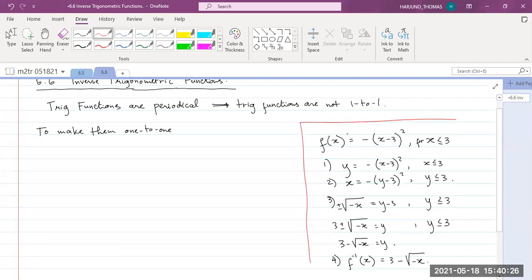This is not one-to-one, but it becomes one-to-one because we restrict the domain.